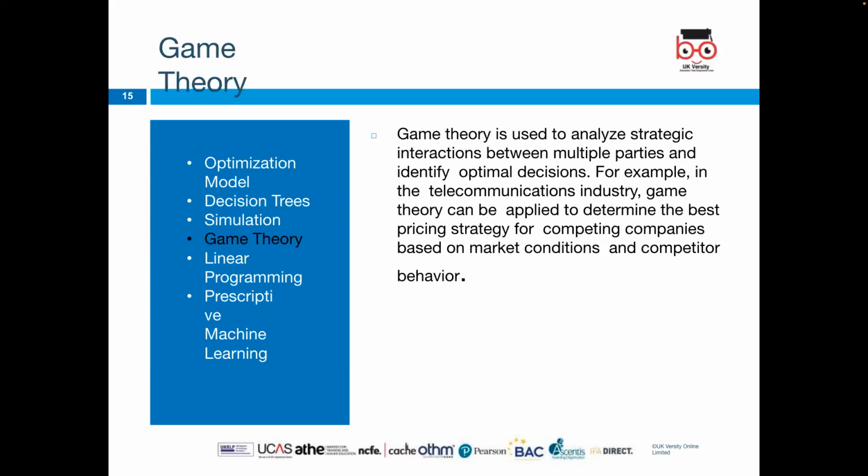What is game theory? Game theory is used to analyze strategic interactions between multiple parties and identify optimal decisions. For example, in the telecommunication industry, game theory can be applied to determine the best pricing strategy for competing companies based on market conditions and competitor behavior.